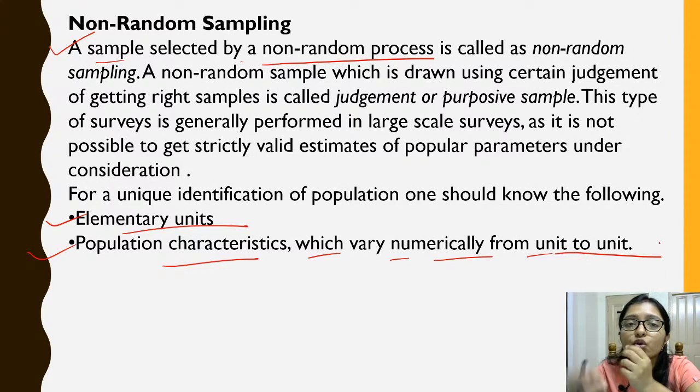When you throw a coin, or when you go for a cricket match, they do the toss, that is probability. They don't know what it will become, head or tail, that depends on probability. Head can come, tail can come, right. So that is probability sampling, while non-random sampling means that something is not there, clear.